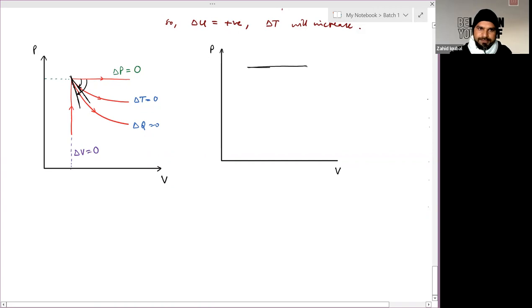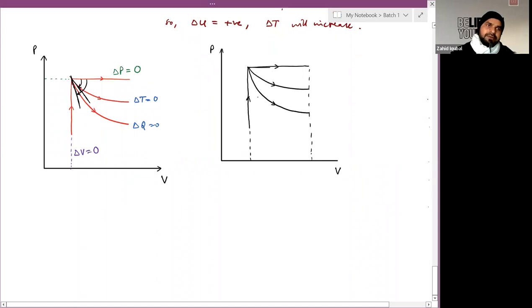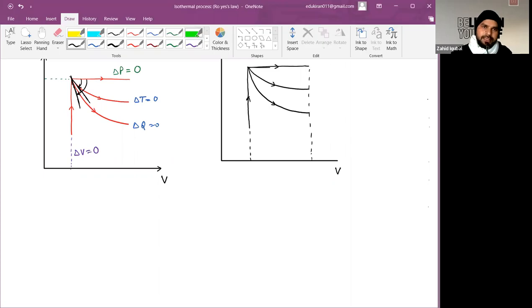This one is isobaric, isochoric, isothermal, and adiabatic. Whenever you have to calculate work done, it means the area under that particular graph. So how to calculate area?